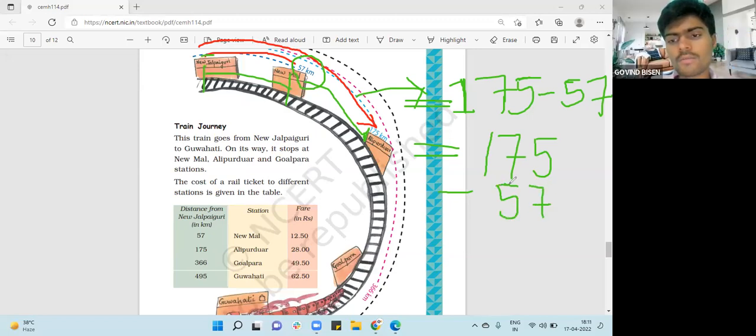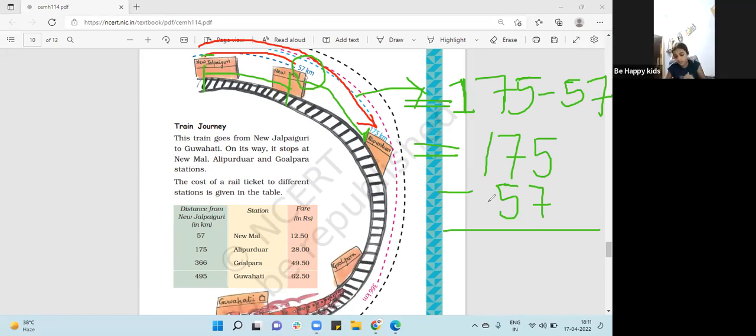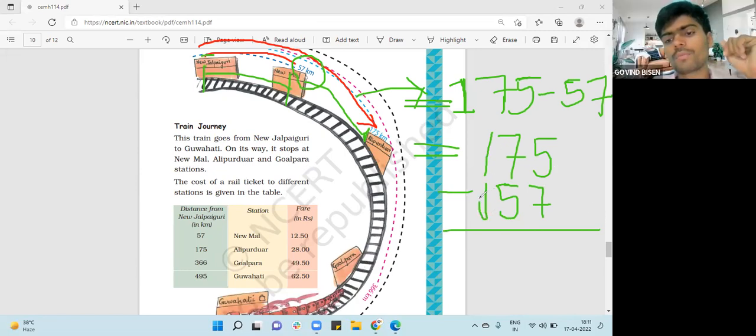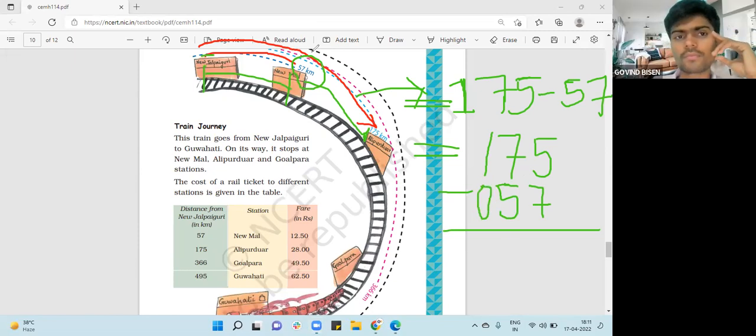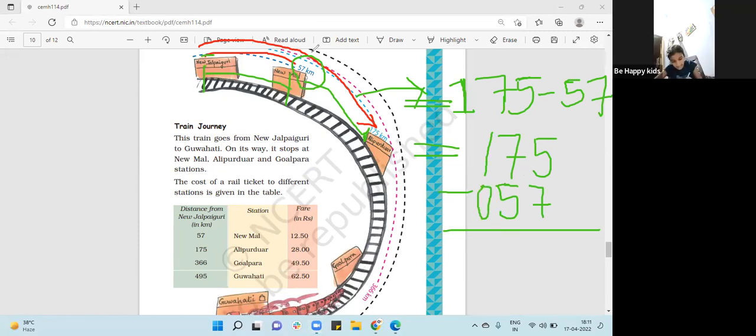Have you written it like this first? To complete the digits, put 0 on the left side. And then do that.